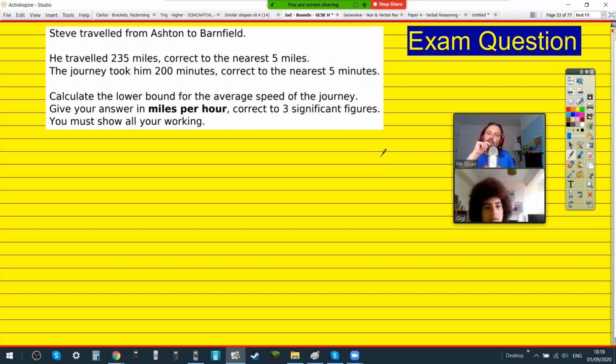All right. How about this one? Traveled 235 miles, correct to the nearest 5 miles. Took him 200 minutes, correct to the nearest 5 minutes. Find the lower bound for the average speed of the journey, if you're answering in miles per hour.